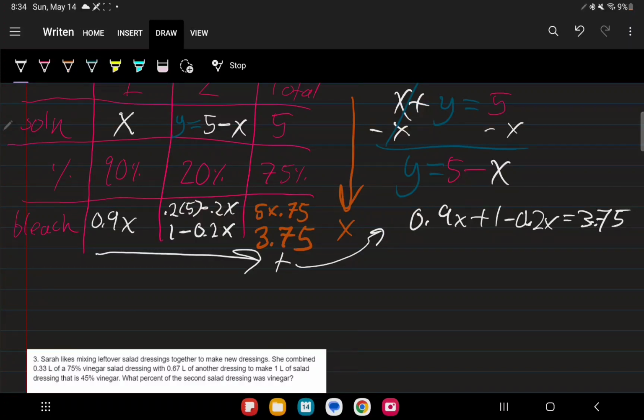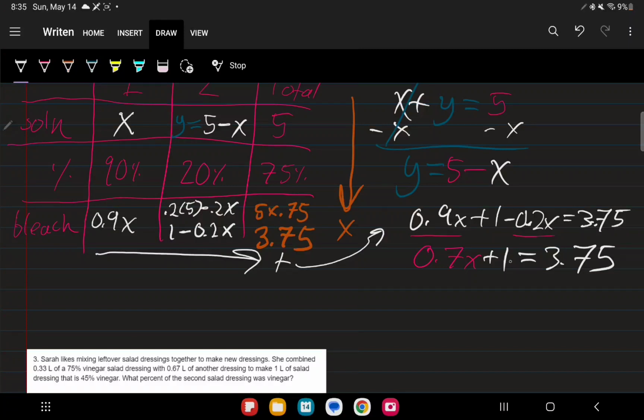Okay, let's combine some terms. I don't really like these two just being alone. So 0.9x minus 0.2x is going to get me 0.7x plus 1 is equal to 3.75.